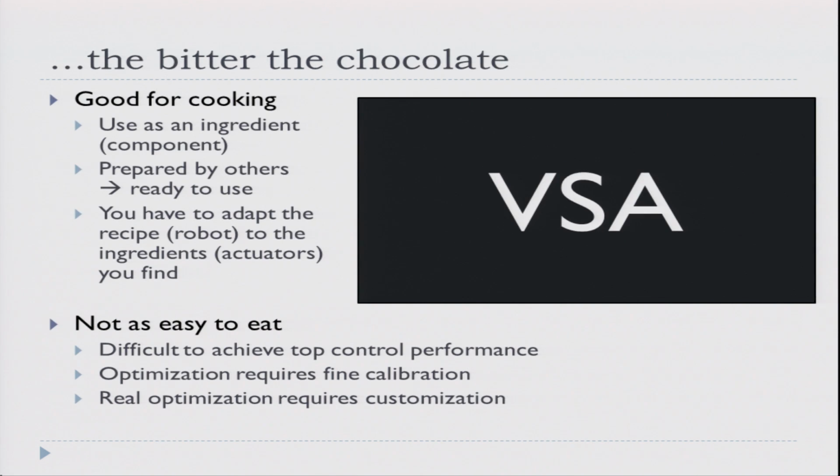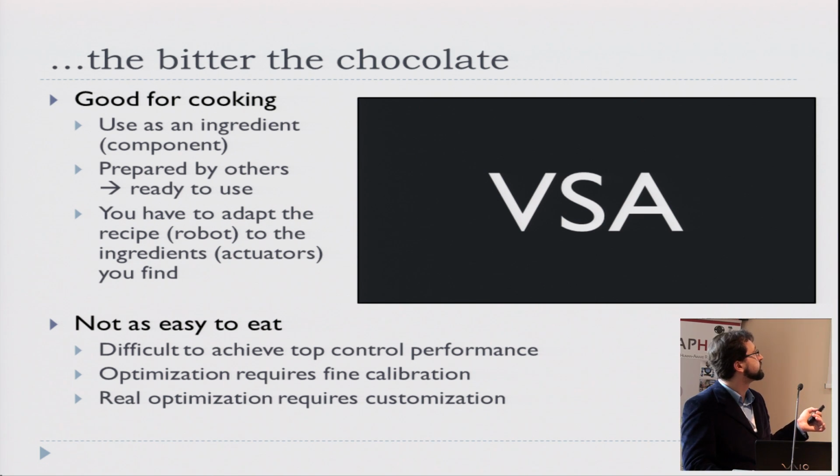So if you have a black box VSA, it is good for cooking, so you can use it as a component. You can get it prepared by others, so it's ready to use. And the con is that you have to adapt a little the recipe, so your robot, to the ingredients, so your actuator. But the disadvantage is that it's not as easy to control.